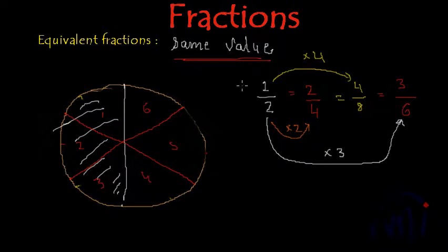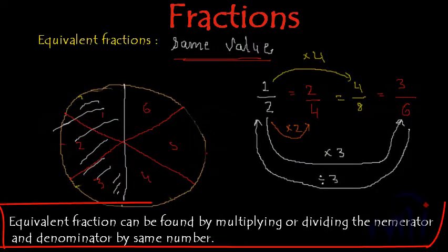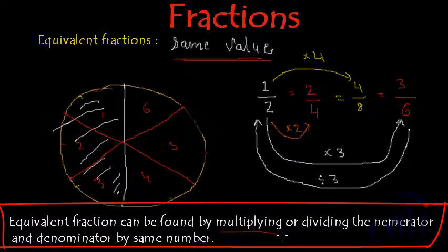Similarly, from 3 by 6 to 1 by 2 can be reached if you divide both numerator and denominator by 3. Right? So how can you find equivalent fractions? Equivalent fractions can be found by multiplying or dividing the numerator and denominator by the same number. Right?